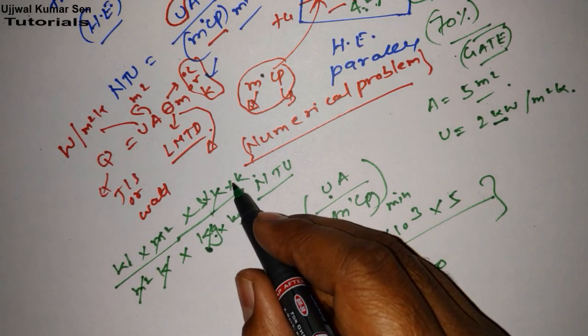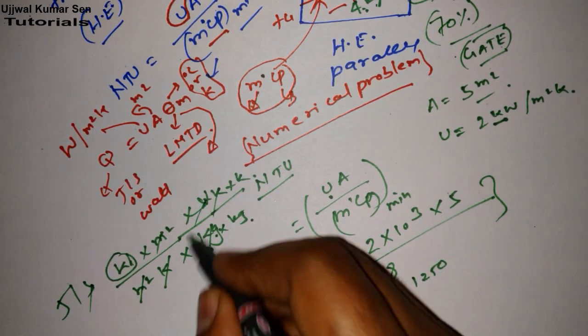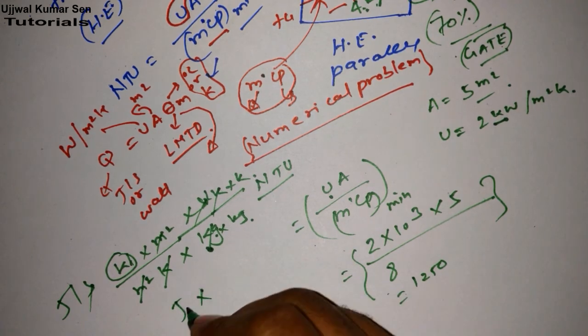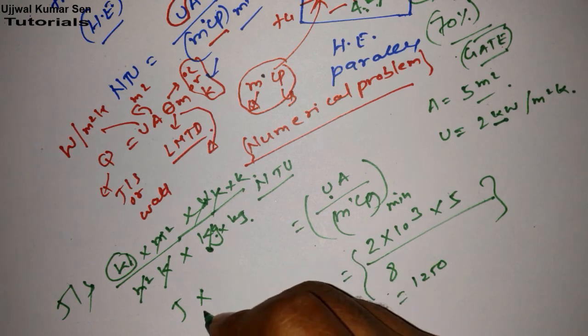What we get is joule per second, so second cancels, and Kelvin cancels, leaving joule.